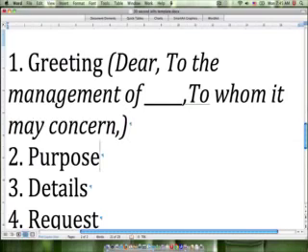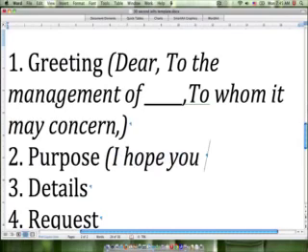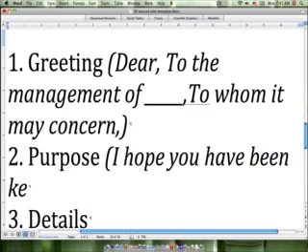Okay, now when it comes to the purpose portion of our letter, which is a paragraph, we need to state clearly why we are writing to this person. So in the event that this is a friendly letter, we might say to our friend, I hope you have been keeping well.